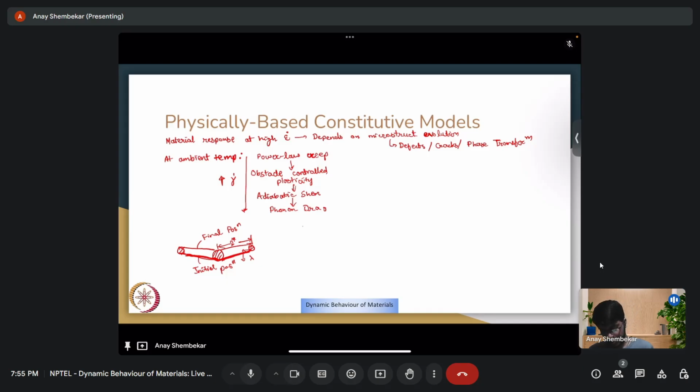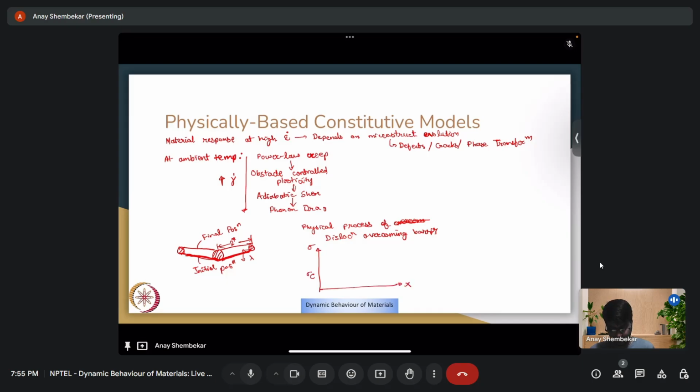So the physical process of the dislocation overcoming the barrier can be thought of in terms of a stress versus distance plot. You have stress versus distance.